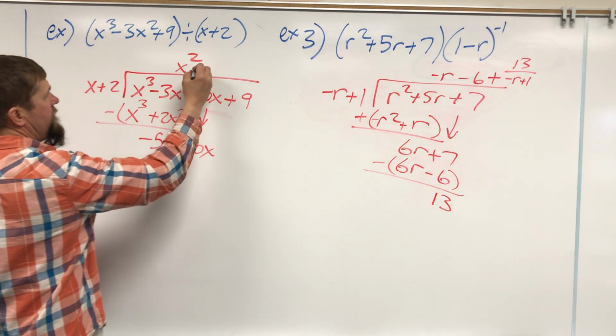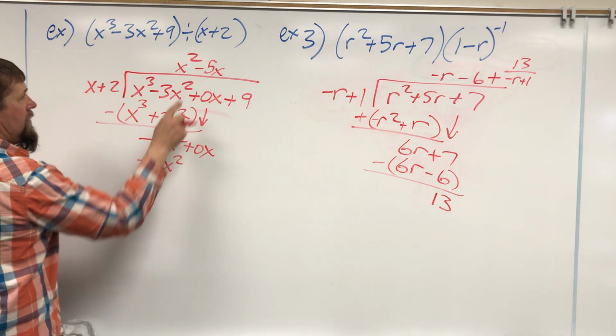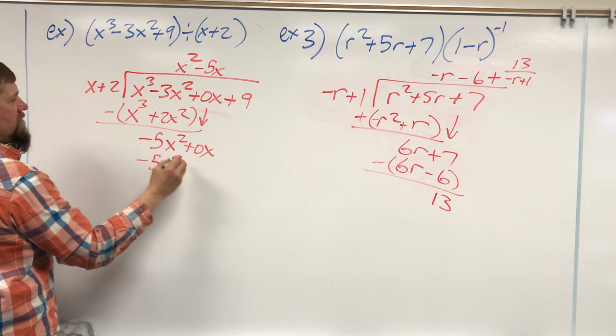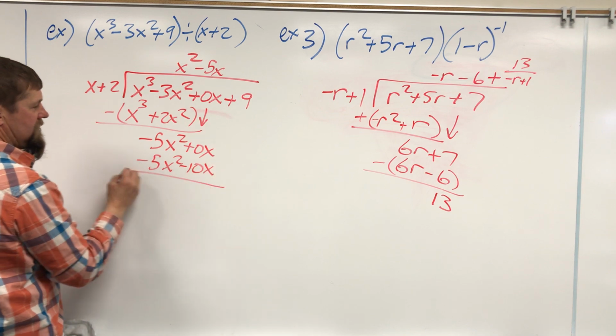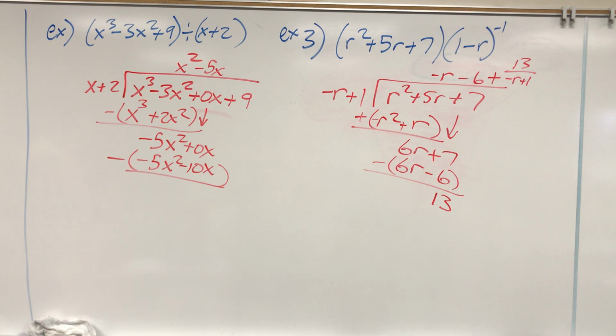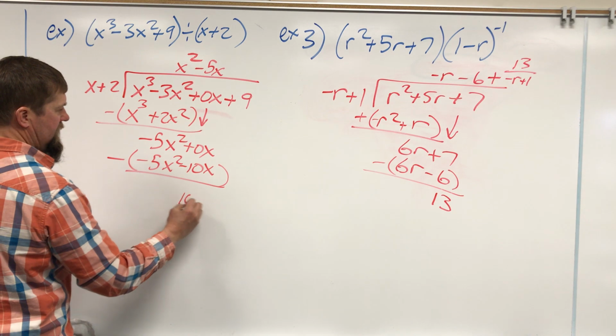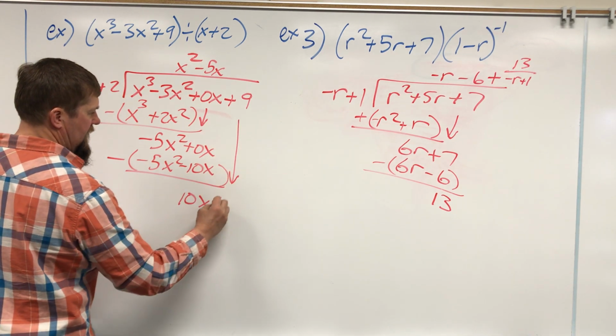X times negative 5x gives me negative 5x squared. Negative 5x times 2 is negative 10x. Subtract. Subtract, we get positive 10x. We're going to put the plus 9 down here.